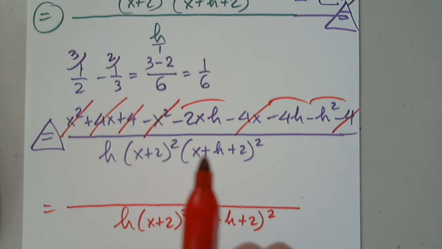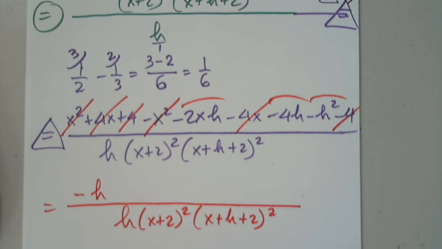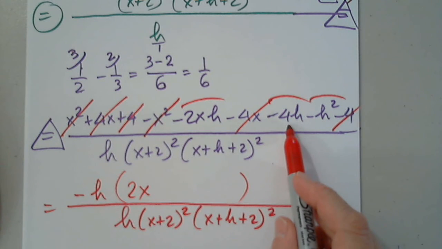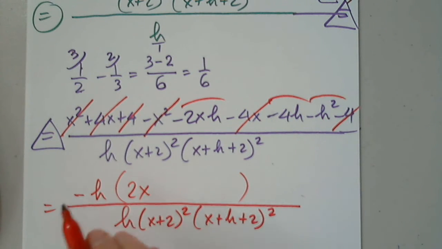h. Yes, but I'm going to also put negative with your permission. Okay, what is left? 2x, sorry. 2x minus 4. We already took the negative outside.